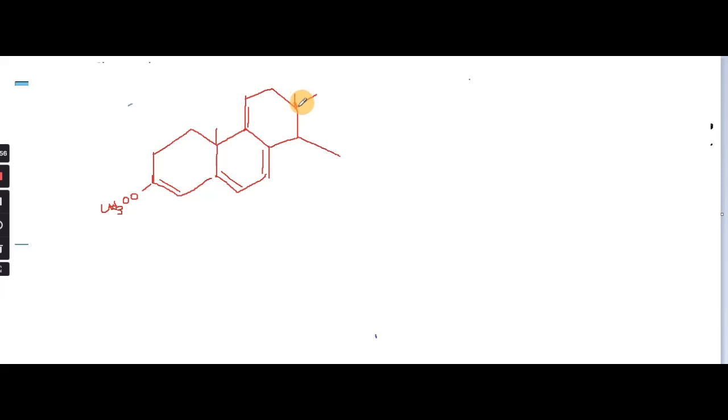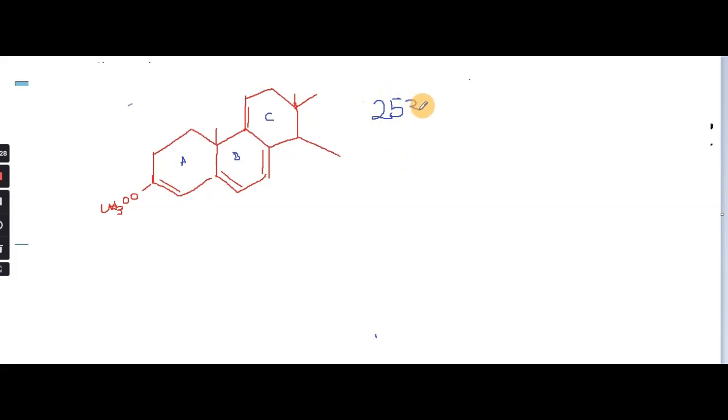Now, what is the maximum wavelength of absorption of this compound? So we have 3 ring structures. We have ring A, ring B, and ring C. What is the maximum wavelength for absorption of this compound? So our base value is going to be taken from the ring B, which has a cis homoannular diene, which is what? 253 nanometers.